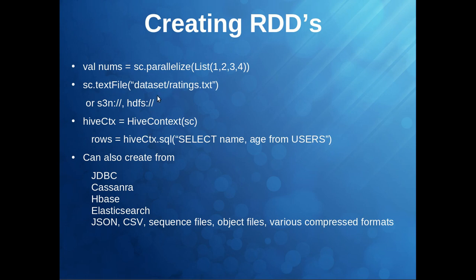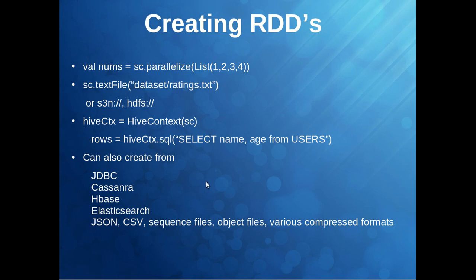So it can connect to anything. If you do sc.parallelize, it will take the hard-coded input and create an RDD for that. So this nums is nothing but an RDD object. With sc.textFile, you give the path from where you want to load the data, and this whole expression will again give you an RDD.